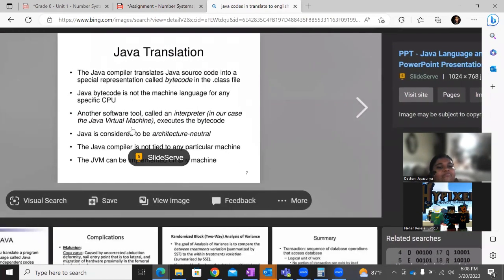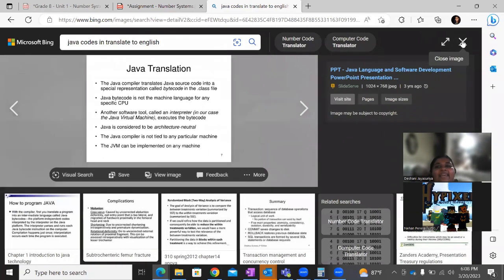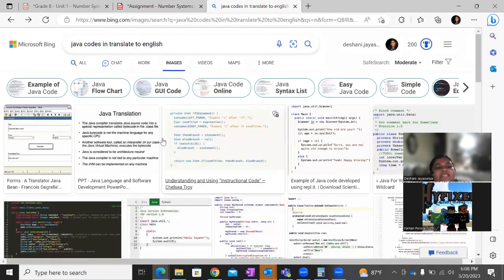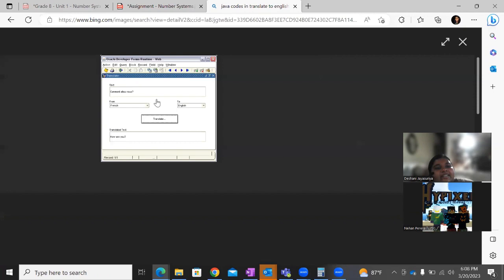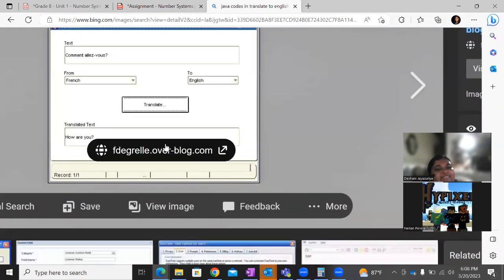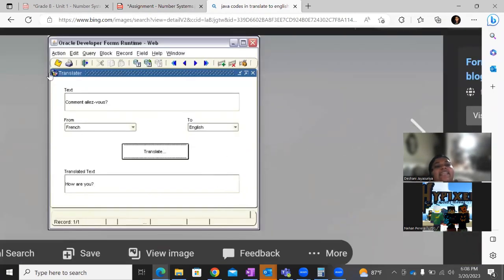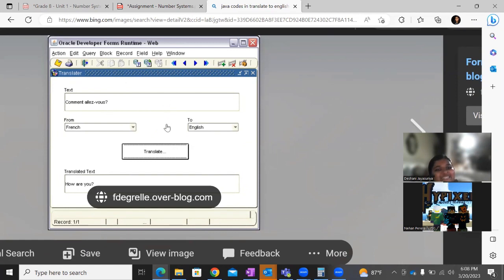In Java, we are using bytecode, like I said. To get it back to English, there has to be a mechanism. Whenever we say something to be run, this is an application that is running in English. Translating something from French to English is an app developed by Java.